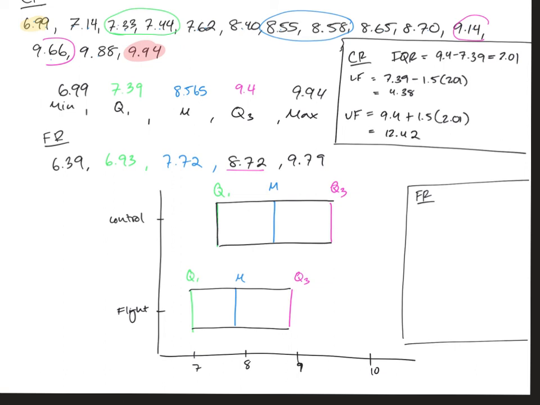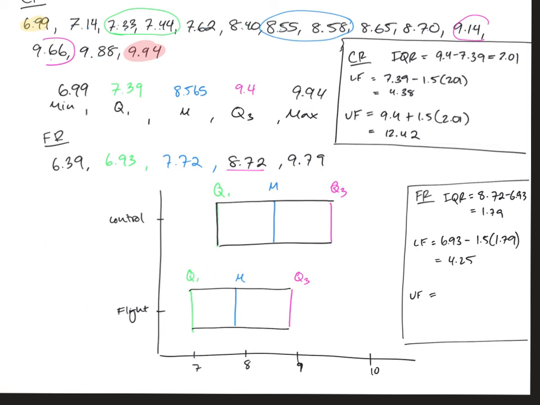Now for the flight rats. Finding the IQR, you're going to take the subtraction. So that will be 8.72 minus 6.93, which gives us 1.79. Now for the lower fence and the upper fence. Lower fence is 6.93 minus 1.5 times 1.79, which gives us 4.25.